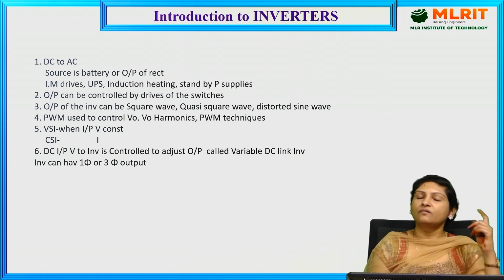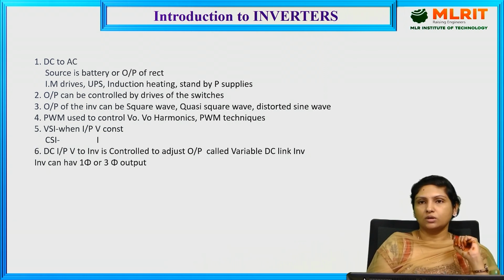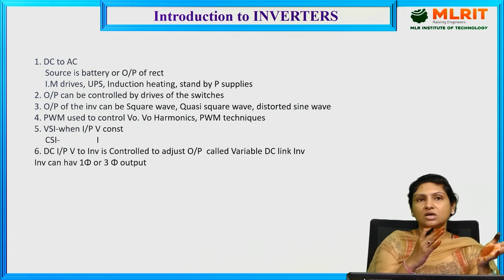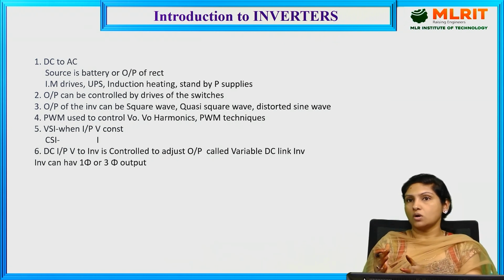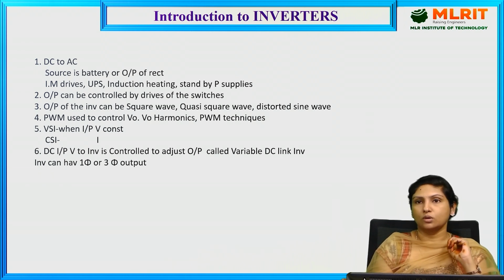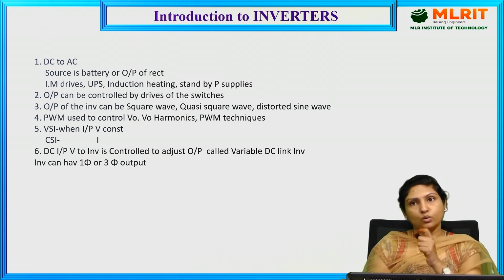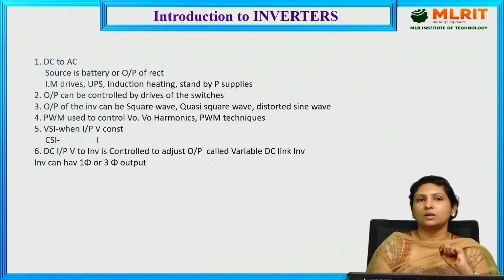And we'll be having both voltage source inverters as well as current source inverters. Voltage source inverter means the input voltage to this inverter is constant, then we call it a voltage source inverter. And if the input current to this inverter remains constant, we call it a current source inverter.